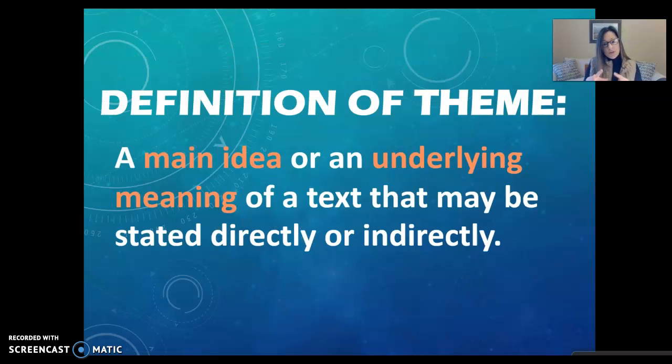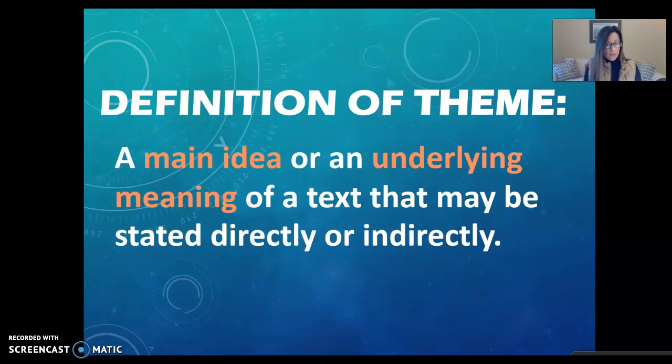So this is going to go in your first box. You're writing the entire definition. Unless you have a modified Frayer, you are going to be writing down that theme is a main idea or an underlying meaning of a text that may be stated directly, like in fables. Often at the end of the fable, they'll tell you the lesson you should learn from the fable, or indirectly, okay?